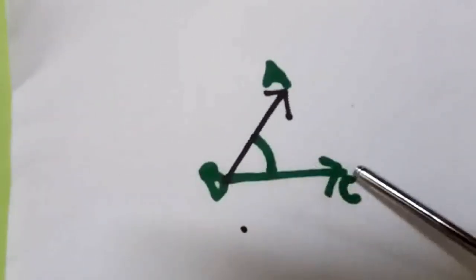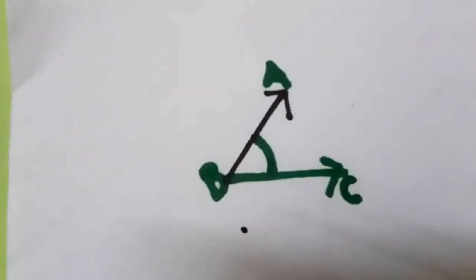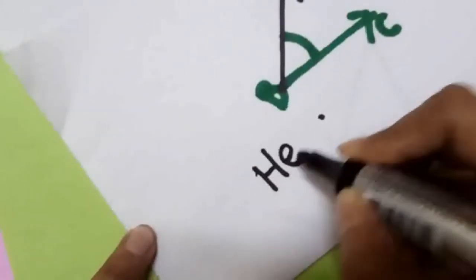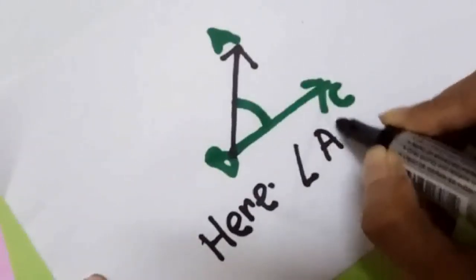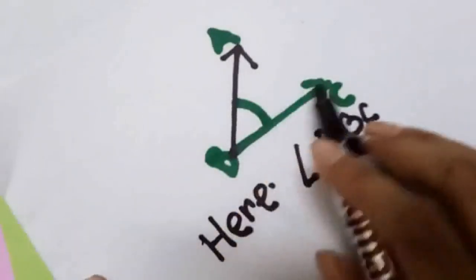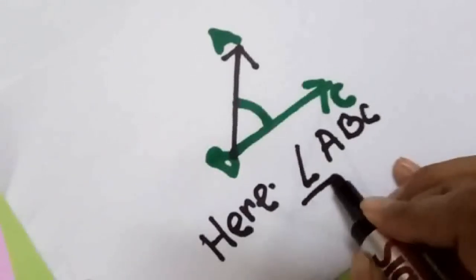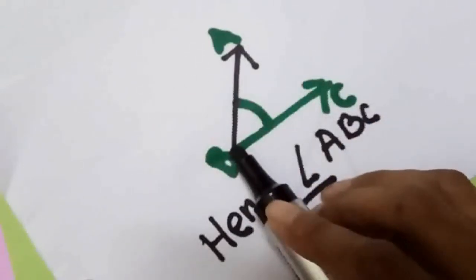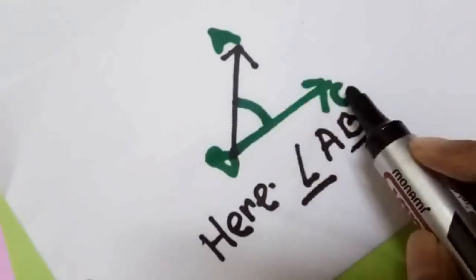AB and BC are the two sides, B is the vertex. Here ABC is an angle. You must use this sign for indicating an angle, and you have to write this middle point in the middle. Here A, B, C are points.